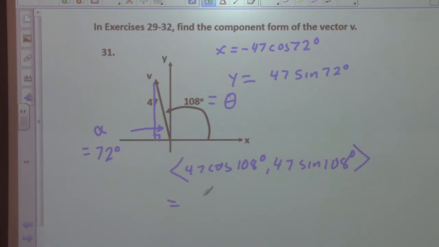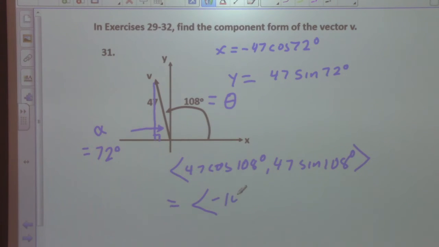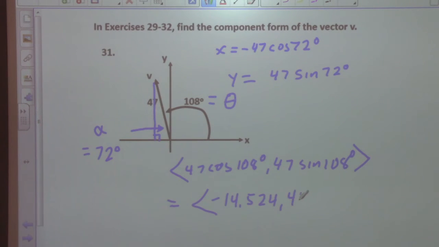And those are going to be, I did them in the calculator a second ago, negative 14.524, comma, and it just so happened we did this sine of 72, so that's going to be 44.700. So that's what you should get there.